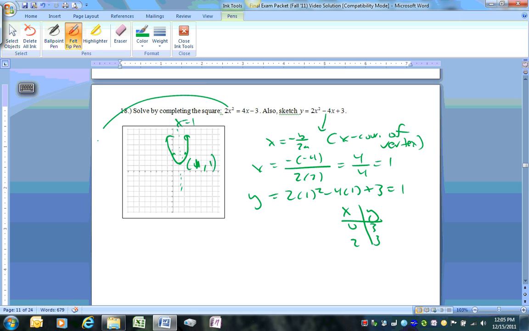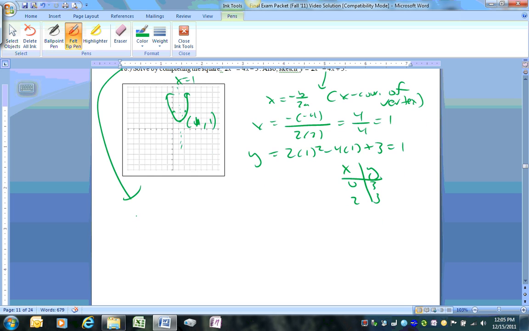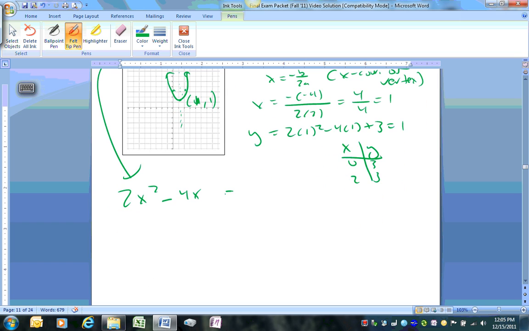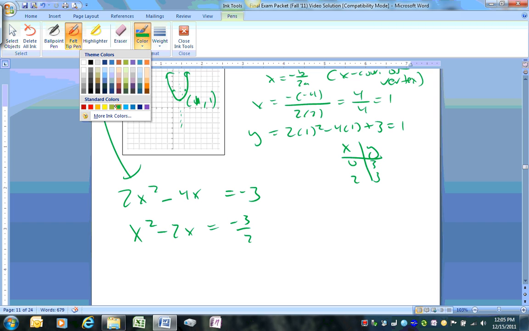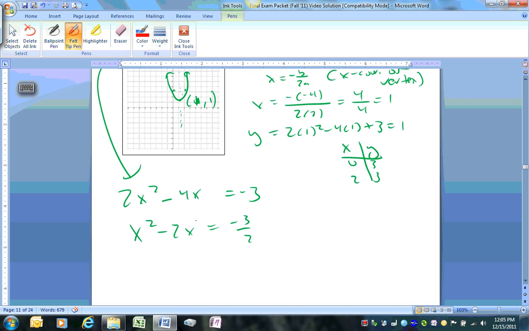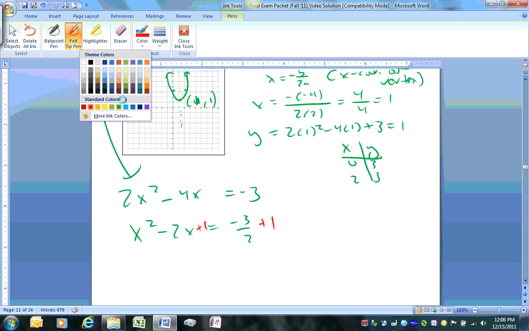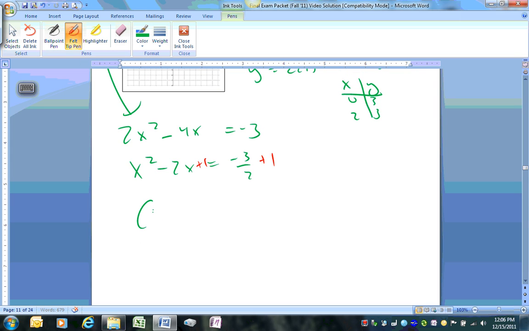To solve by completing the square, just like we did for the quadratic formula, isolate the quadratic and linear terms. We have negative 3 on this side. Divide by the leading coefficient, which is 2. Take half of the linear coefficient, which is negative 2, square it, so 1 and 1. You can factor the left side now, like that. Clean up the right side, then take square roots.